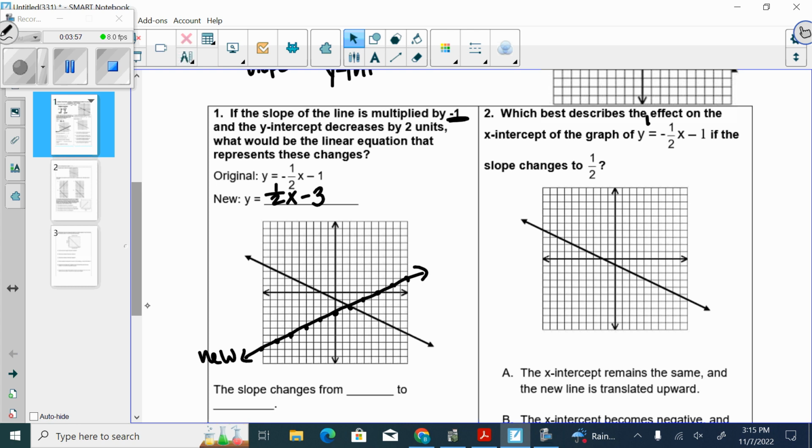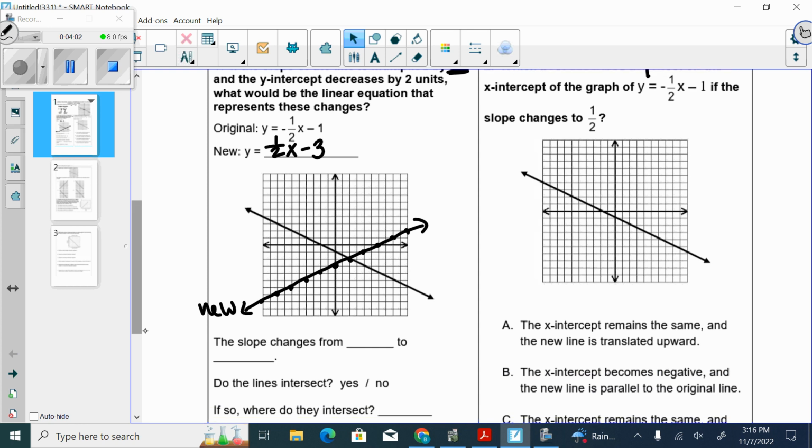And now they're going to ask us some questions to compare the two. All right, so first blank says the slope changed from what to what? Well, what changed about the slope that was originally -1/2 and is now +1/2? What's the only change? Right, it changed from a negative to a positive.